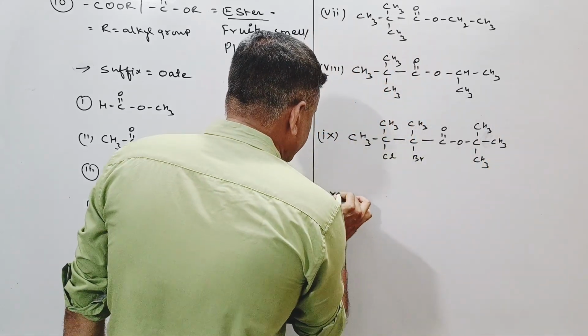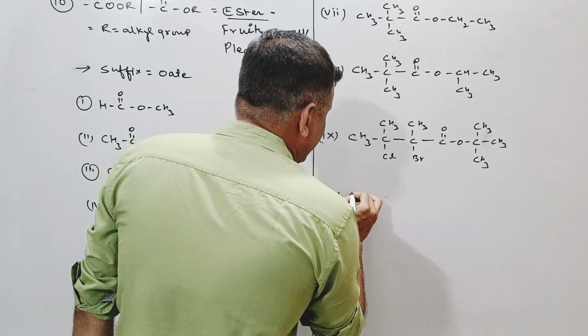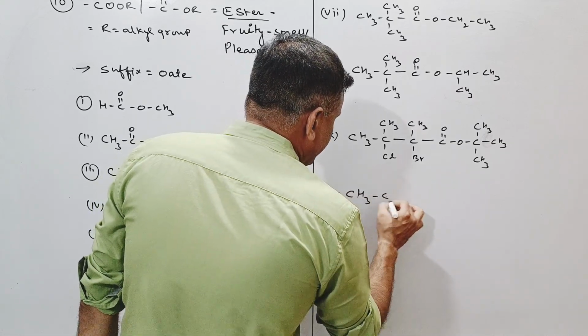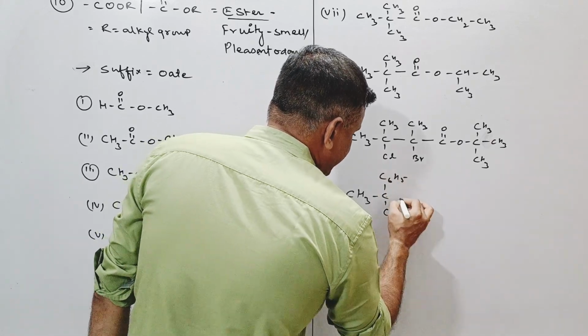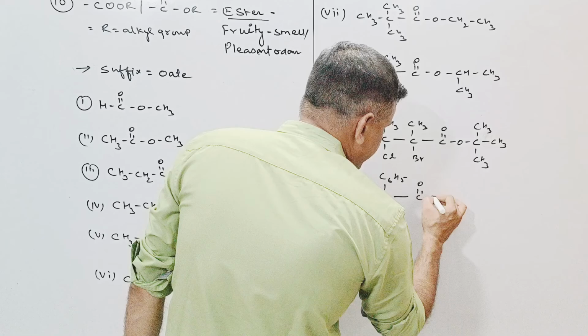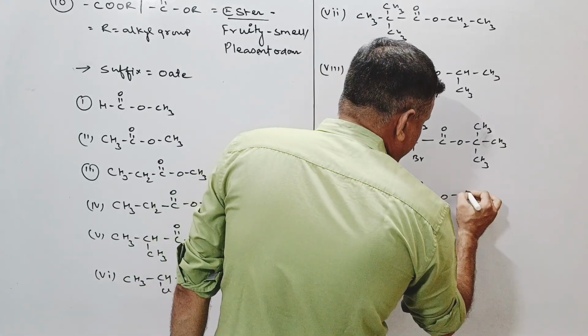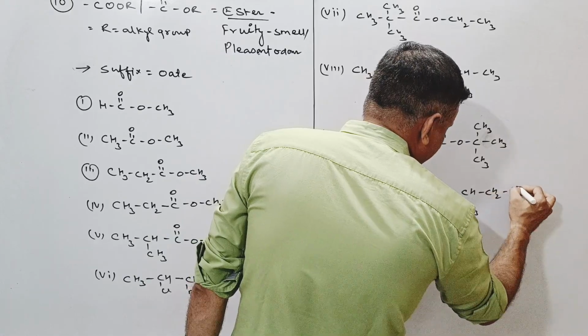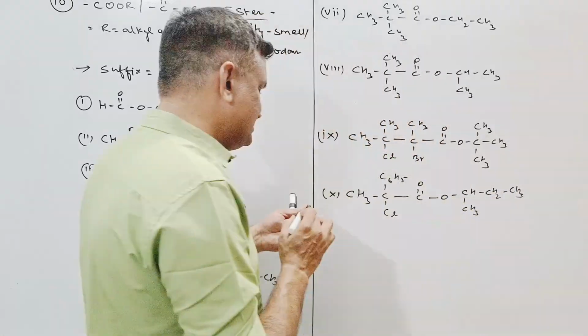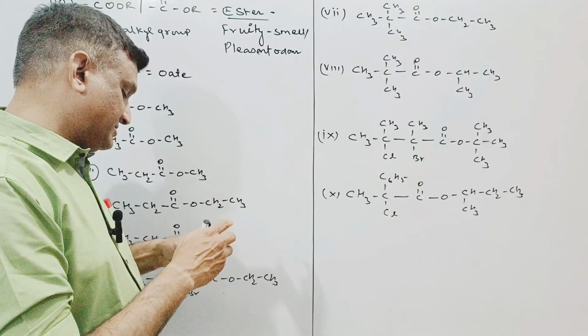And the final question regarding ester, we can take CH3, this is C6H5, this is your Cl, this is your COO, this is your CHCH3, CH2 and CH3. These are the questions regarding esters.